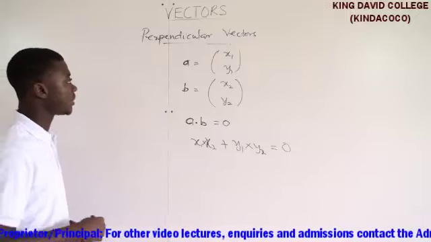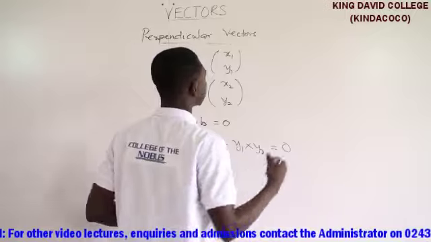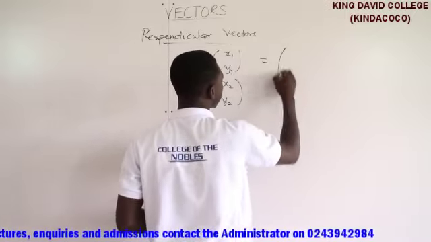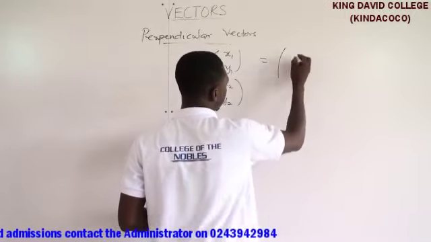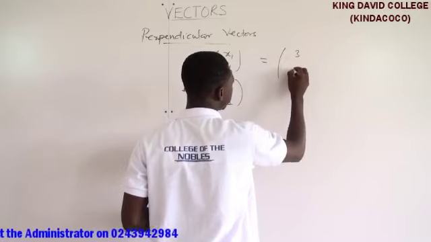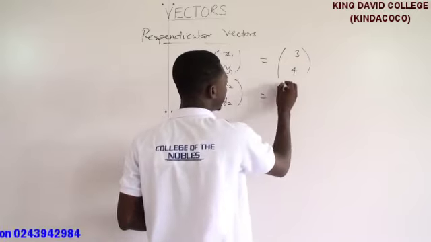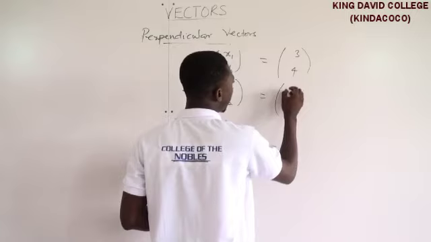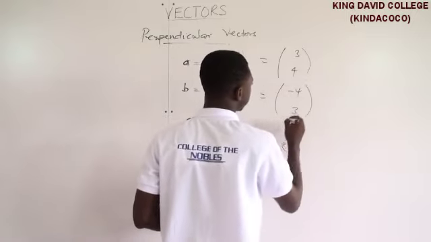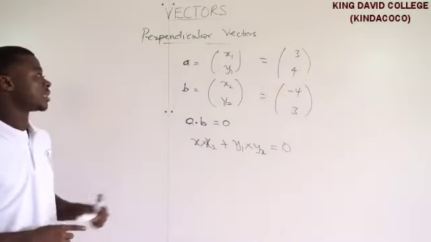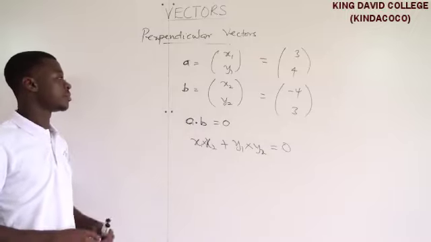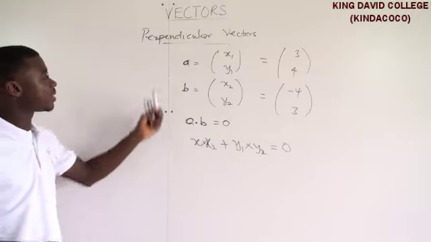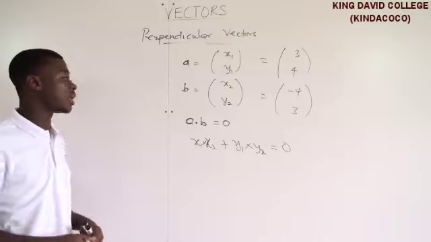Okay, so for instance, let me give you vector A to be 3, 4, and this one to be -4, 3. These are the two vectors here, and they're asking me to determine if the two vectors are perpendicular or not.